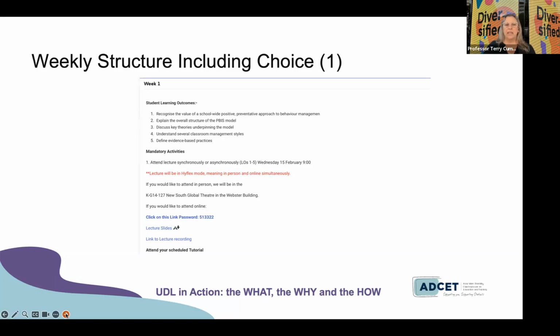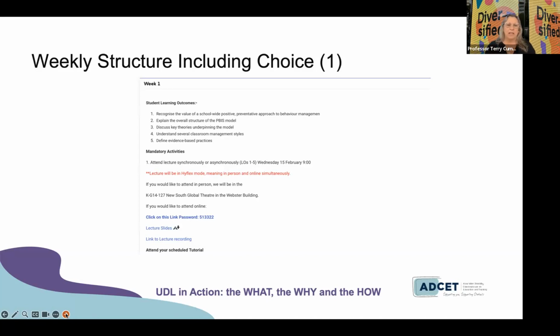But if you look, even under the mandatory activities, students have a choice because I teach my lectures in hybrid mode, which means that I've got students sitting in front of me and students online all at the same time, plus it's being recorded. So they have a choice on whether they want to attend synchronously or asynchronously, synchronously in person or synchronously online. And I give them all the information of how they can do that.